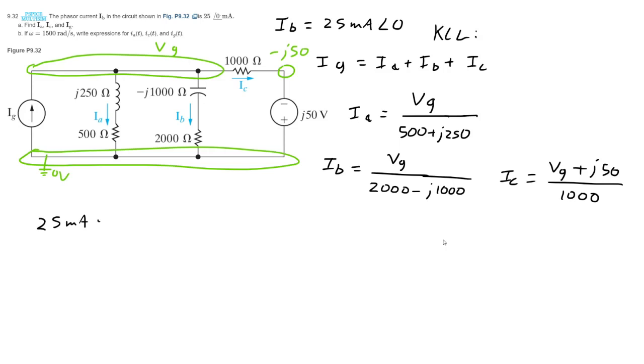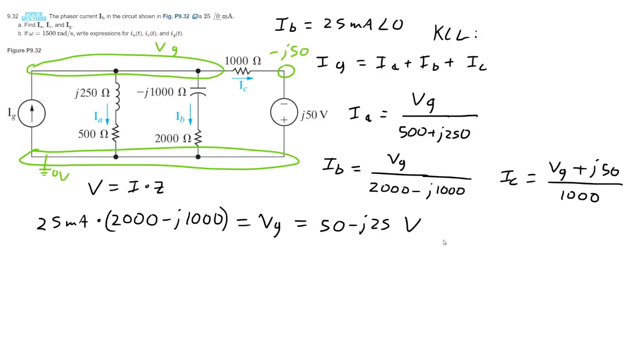If we multiply it by its impedance, 2000 minus j1000, V equals I times Z, I find that VG is 50 minus j25 volts, which translates to a magnitude of 55.9 at a phase of minus 26.5 degrees.